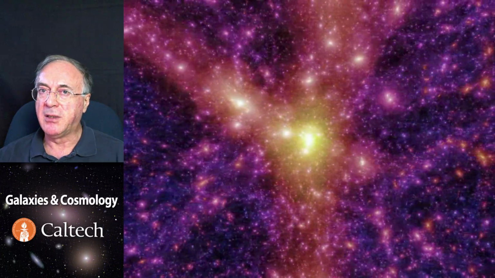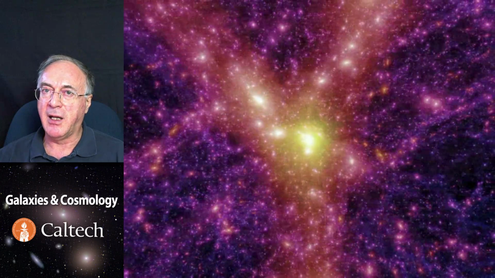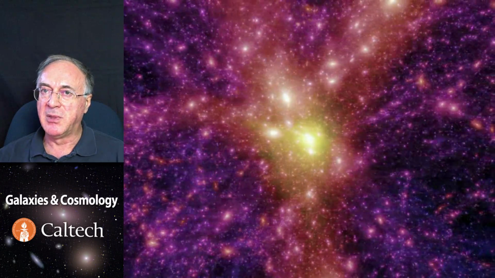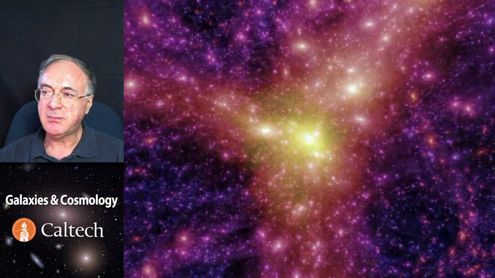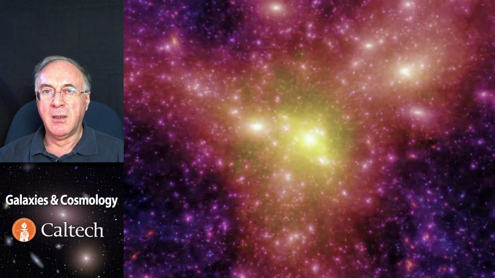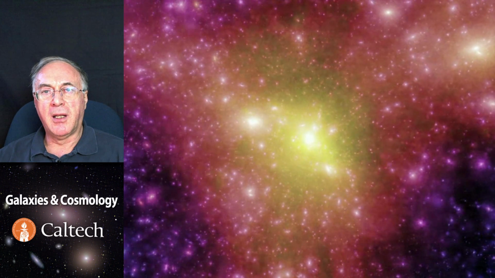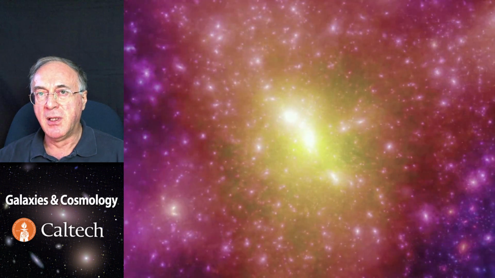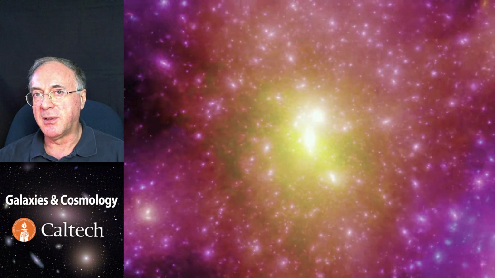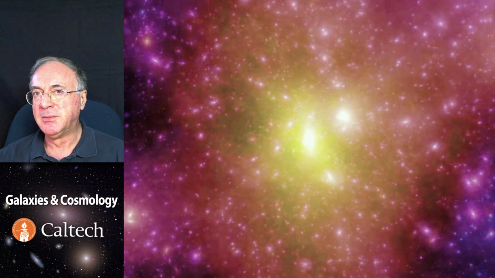Here we are rotating around a rich cluster of galaxies that is formed somewhere in one of the densest peaks. This is not unlike the core of, say, Virgo cluster of galaxies or Coma cluster of galaxies, except, of course, again, these are the dark matter particles.